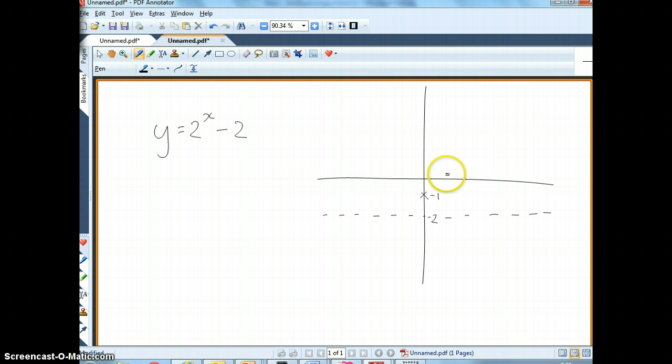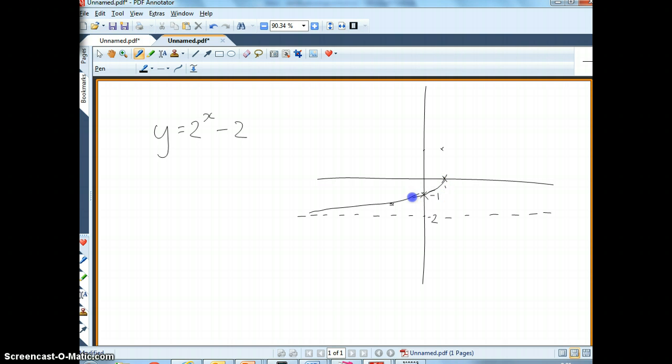And remember, without the minus 2, it used to go through the point 1, positive 2. Do you agree? But now when you bring that down by 2 units, it's going to go through 1, 0. Asymptote. Cut.